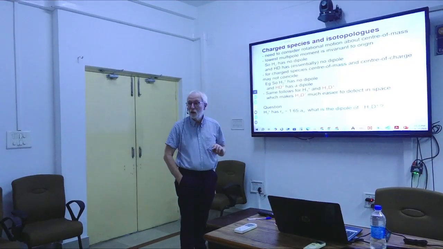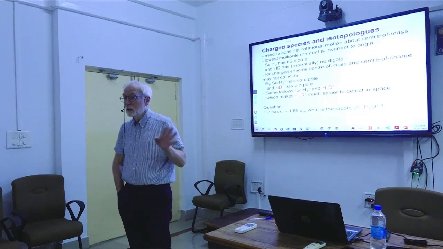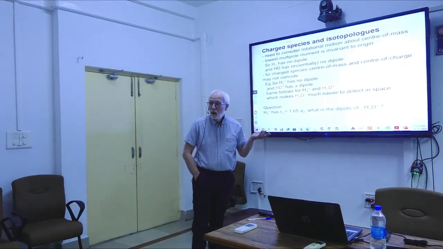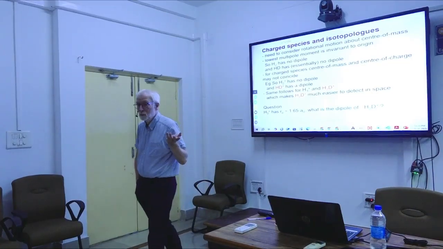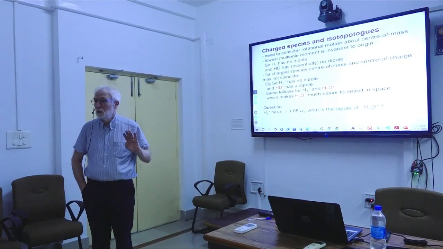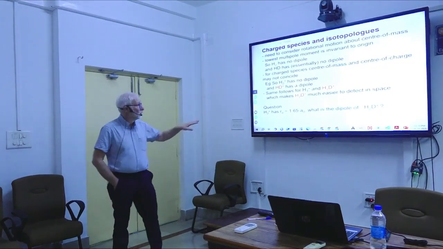H2D+ and D2H+ are both observed interstellar molecules and are seen relatively easily, despite the fact that the abundance of deuterium to hydrogen is about 1 part in 10 to the 5. You get slightly above that from something called fractionation, which I'll deal with when we look at vibrational spectra. But it's still a trace species.